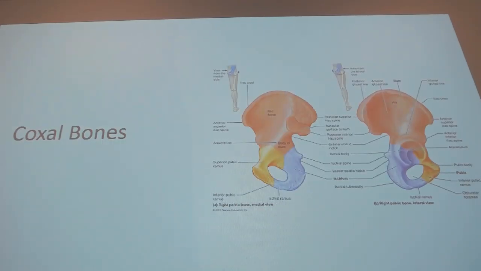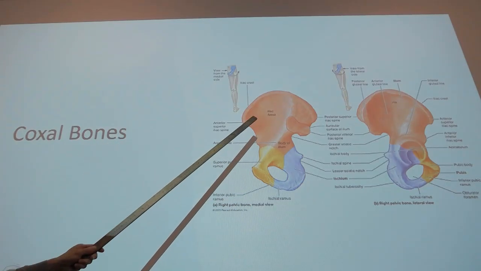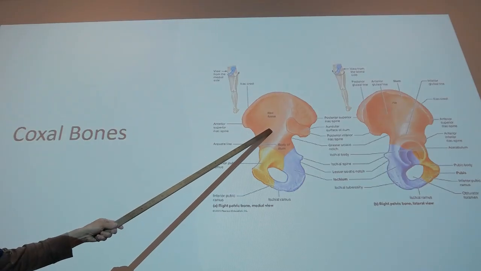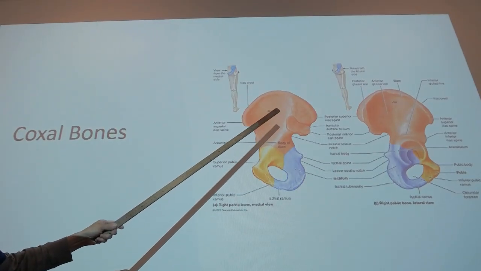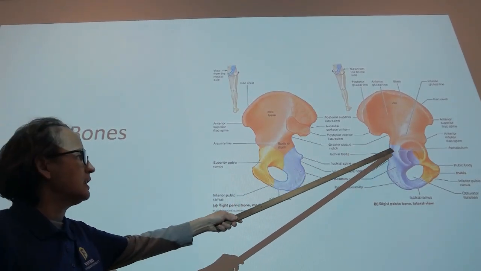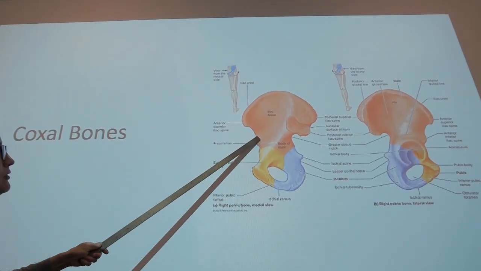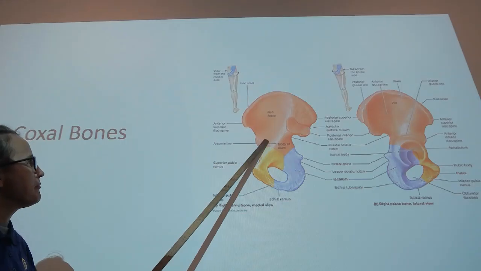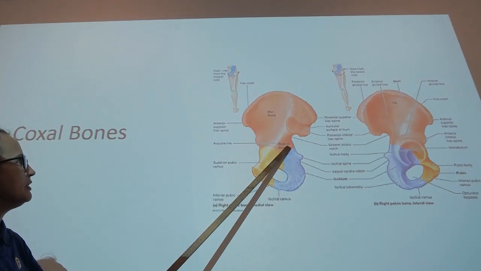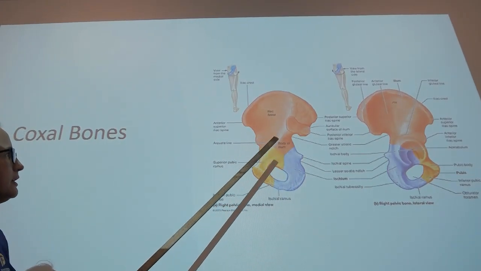So these are the different views of the coxal bones. This is the medial view of the right coxal bone. This is the lateral view of the right coxal bone. All of this broad portion of the bone is the ilium.